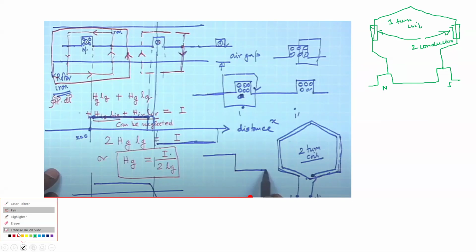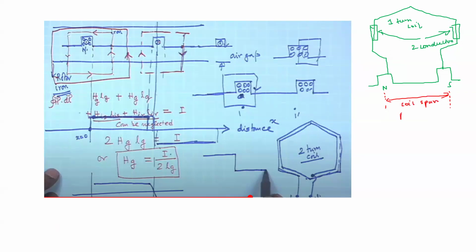This width I have discussed earlier. This width is the coil span, also called pole pitch. Now, for maximum EMF induced, this coil span should equal the pole pitch.